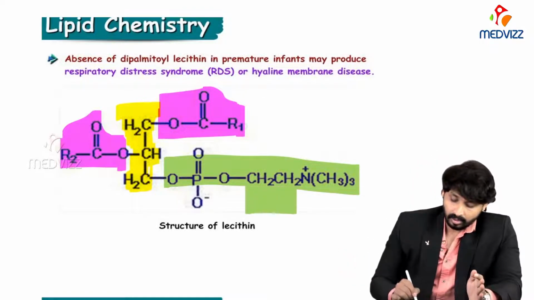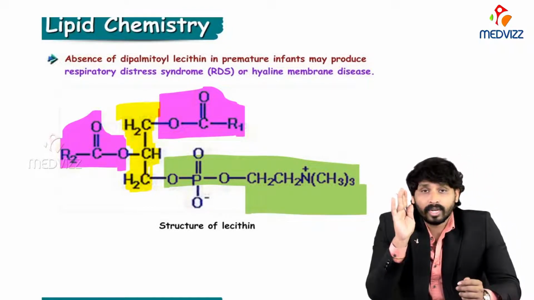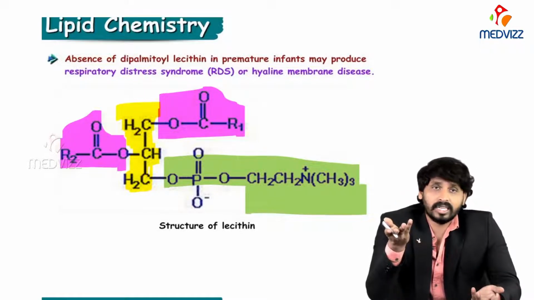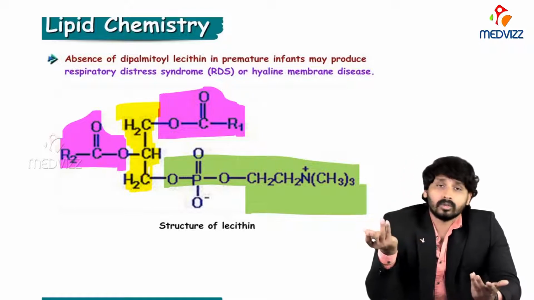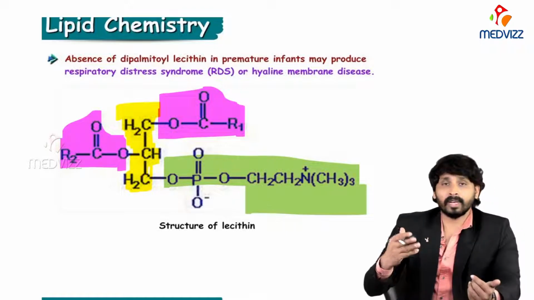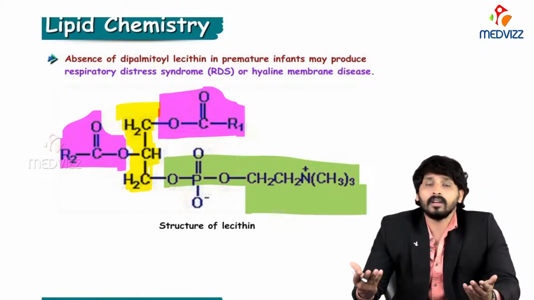This part is the choline group, CH2, CH2, N and 3 methyl groups. That is the nitrogen base choline. So this lecithin is otherwise called phosphatidylcholine, as it has the additional group choline. We have already come across the importance of lecithin or choline in the diet.